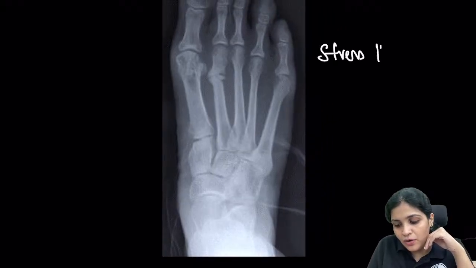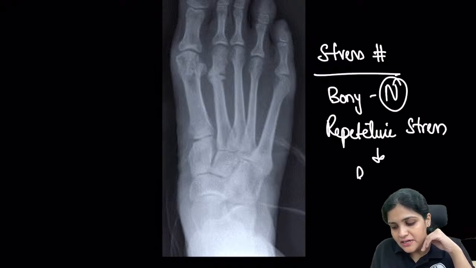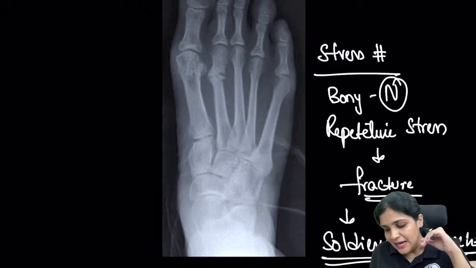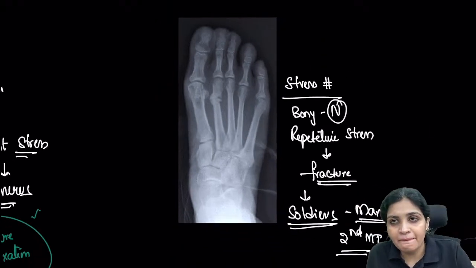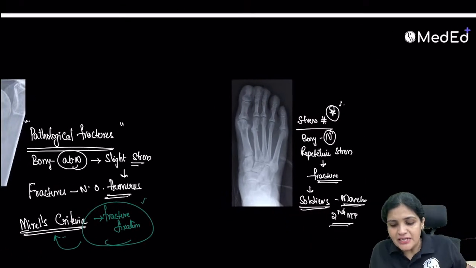Here the bone is normal, but repetitive stress will result in fracture. What is that repetitive stress? For example, the second metatarsal. Very good. This is called the March fracture, and this is an example of a stress fracture.